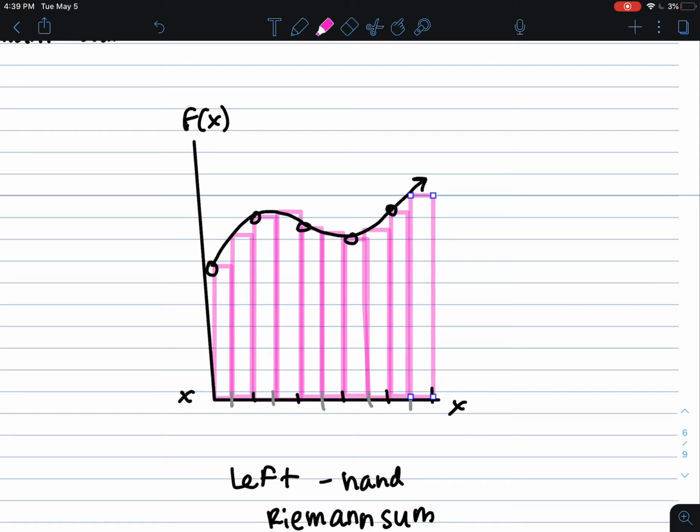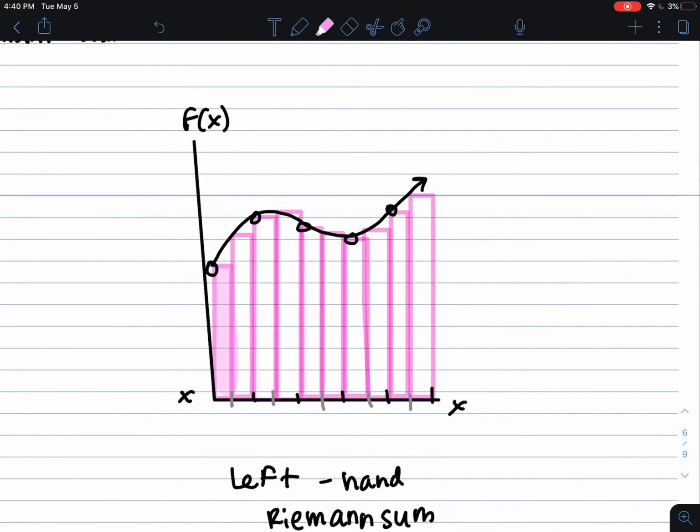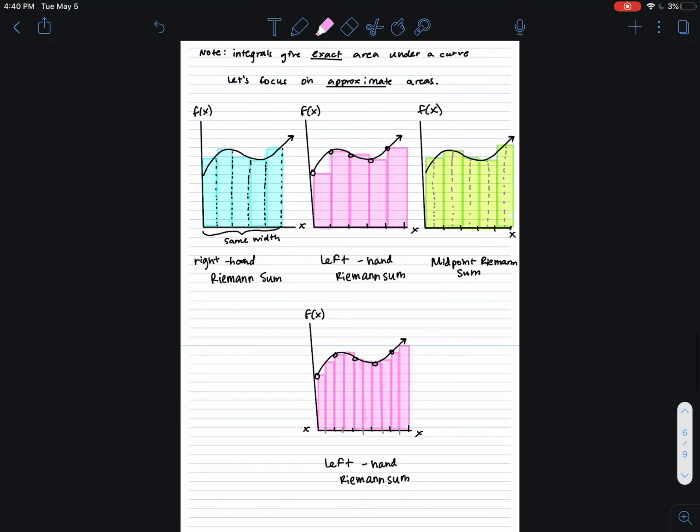So that's what our new rectangles would look like by decreasing the width, increasing the number of rectangles. And if we were to draw in our areas, it looks something like this. Okay, and if we compare this to our previous graph, if we look up here, we have these big chunks of error.